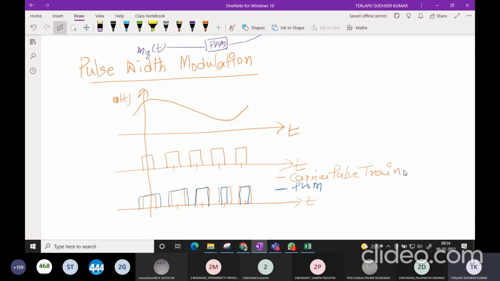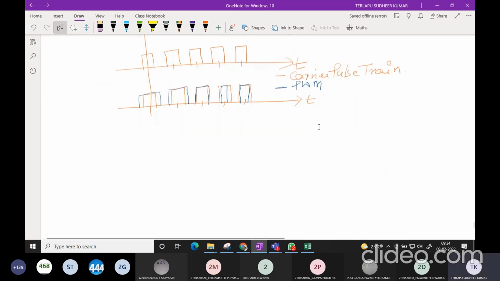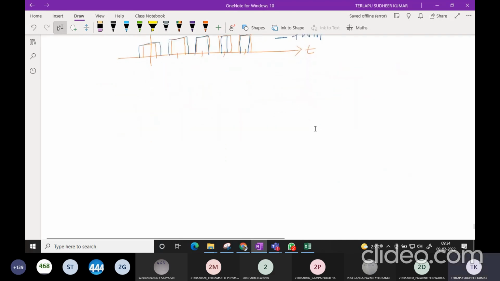So by definition, this is what pulse width modulation is. Now, the most important part is how to generate, generation of PWM signal.